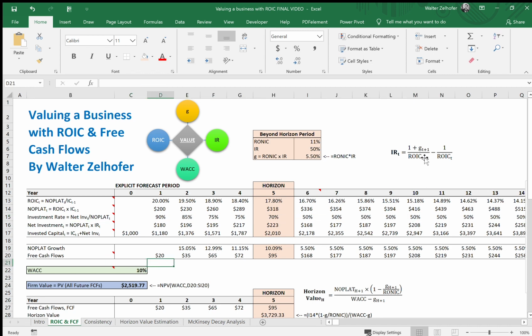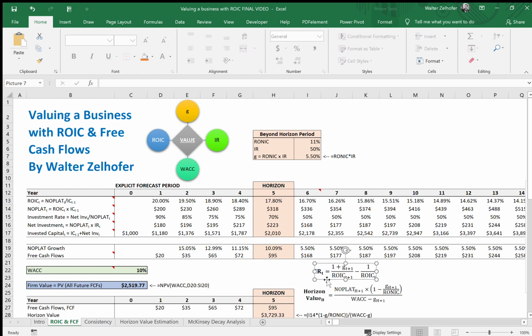The investment rate at time t, so I'm using this formula right here. The investment rate at time t, we know it's 90%. But here's how you would do it. You go 1 plus the growth rate at t plus 1, which we already figured out is 15.05%, divided by the return on invested capital in the following year, so that's this one right here, minus 1 over the return on invested capital at time t, and that gives us 90%.